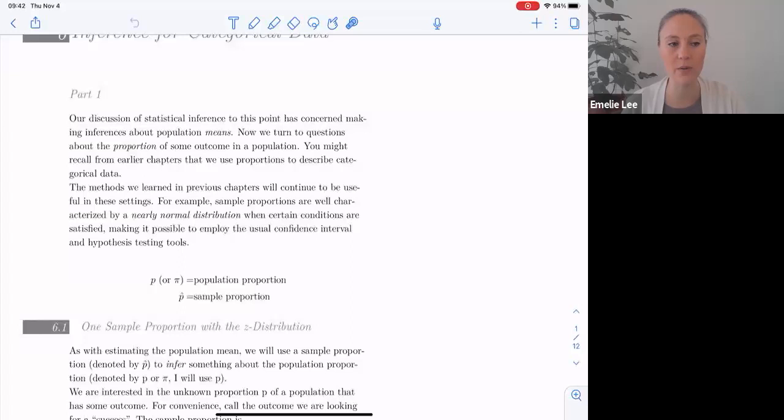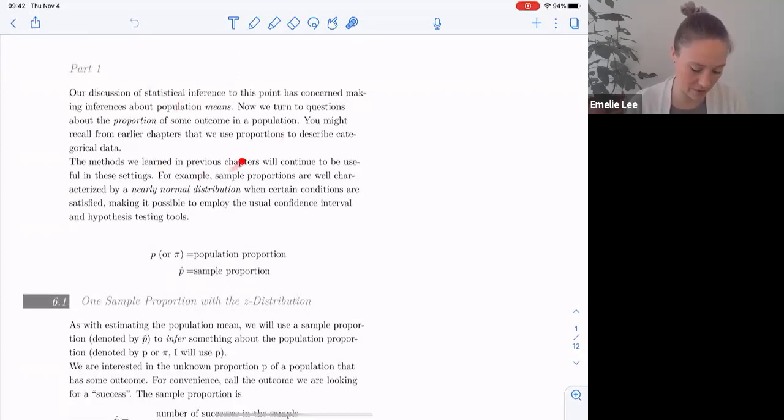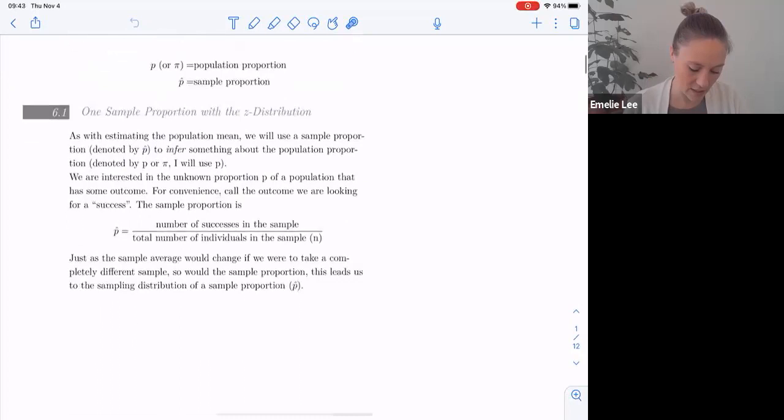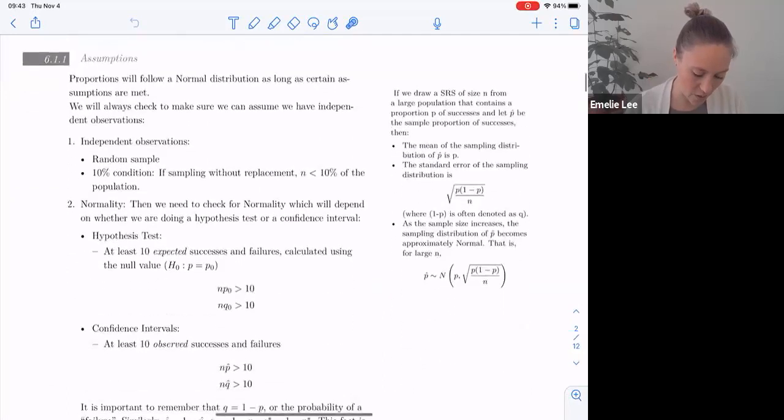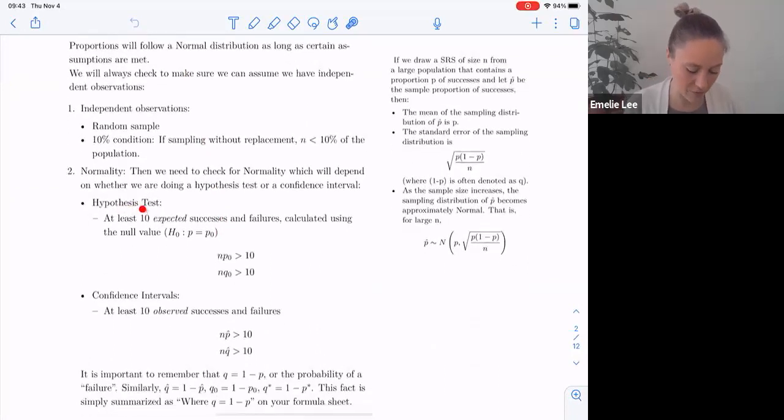They're kind of outdated because they're from when we did means questions before proportions, but now we're starting with proportions. So it starts off a little bit weird, but I posted this so you would have a summary, and also just a summary of the assumptions, just kind of on one page, right? And it differs if you have a hypothesis test versus a confidence interval.